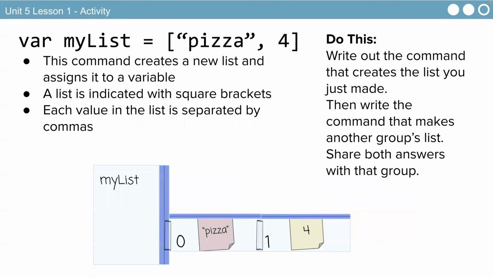So here's the code. Let's actually make it. A list is very much like a variable, so we're actually going to use the var command to create the list. The way you know this is a list is it has square brackets. So var myList equals square brackets, and each element is separated by a comma.